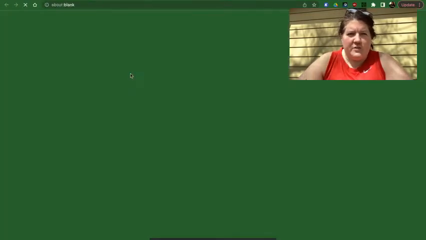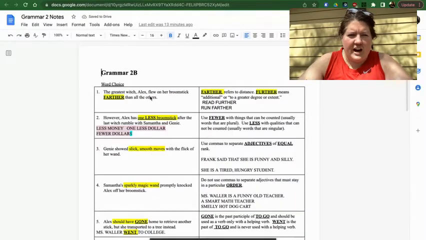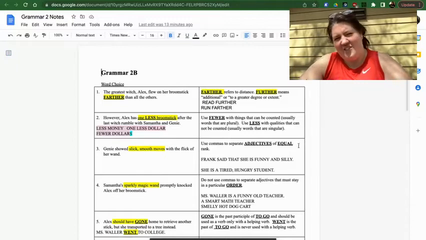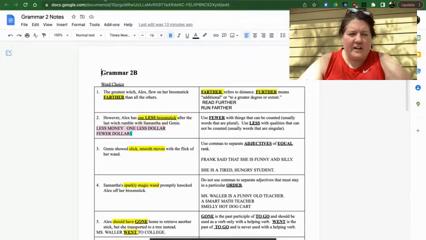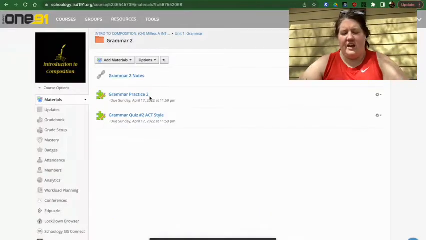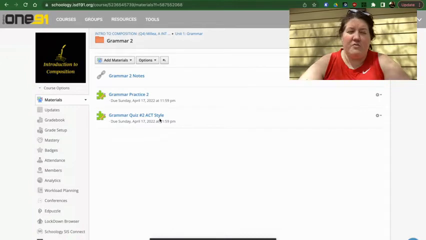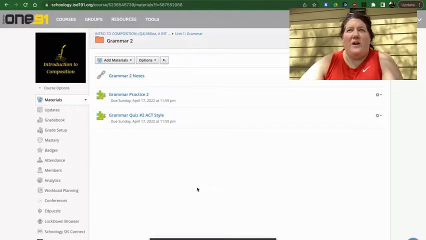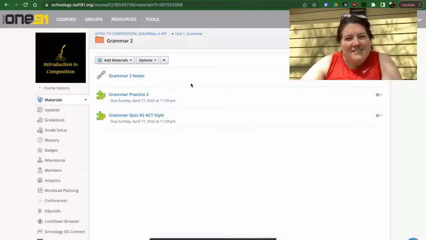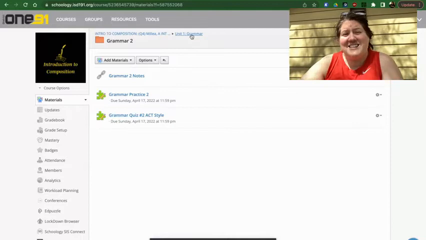You've got your Grammar 2 notes, which has a sentence example here, and then an explanation of the rule over here. And there you go. That's what you'll be working on here. You'll have practice, again, three times with practice, and then you have one attempt at the quiz, but it's all open note. I want you to feel confident that you have resources because grammar is not the easiest thing.